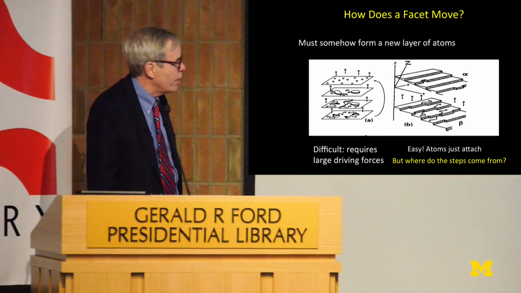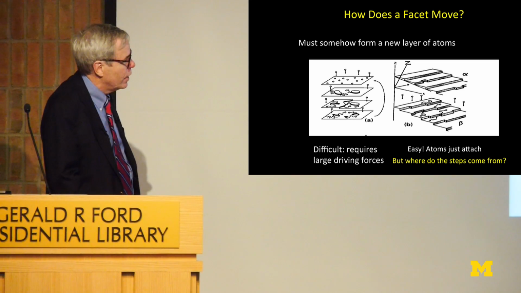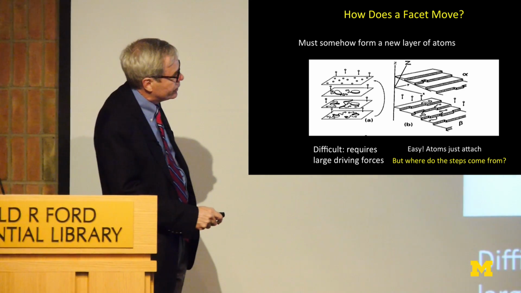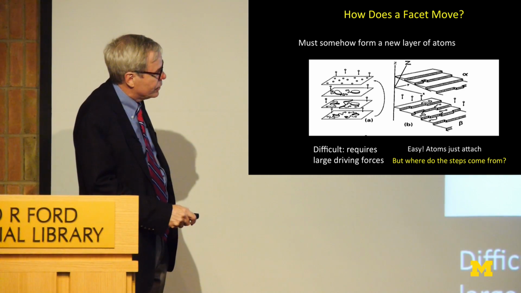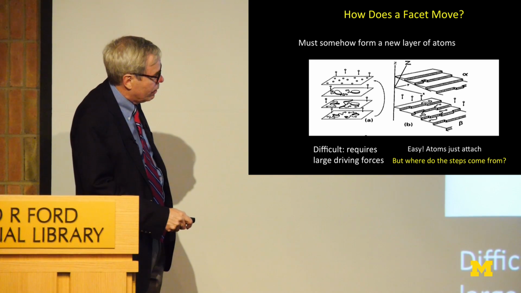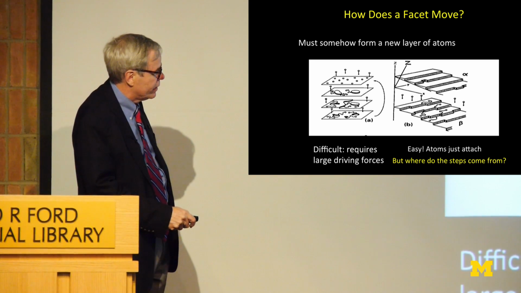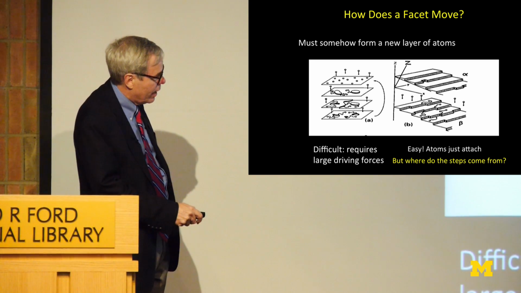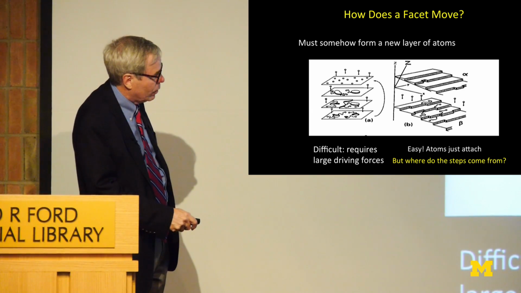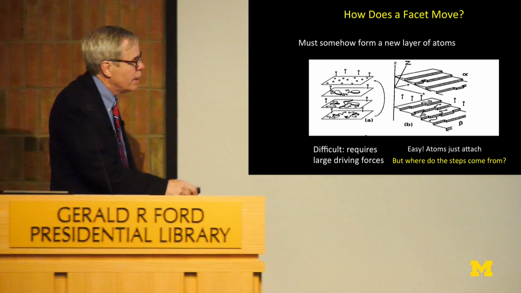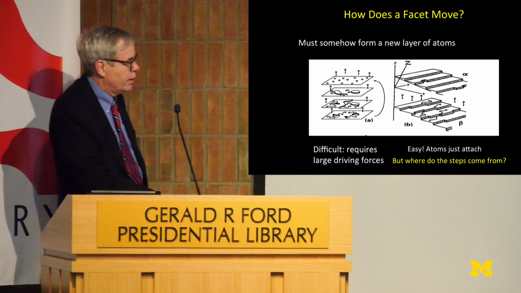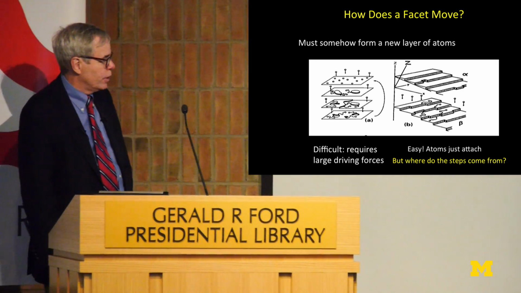It requires very, very strong driving forces. What usually happens is that you have steps on the surface, the atoms come down, and they migrate along the surface, the terraces, and they attach at the edges, and then these edges propagate along. And so basically, if you have steps on a facet, the facets can grow.